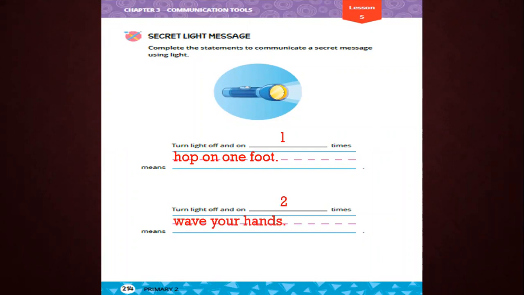And if we turn the light off and on two times, this may mean wave your hands. Of course, you can change the number of times of turning the light off and on. You can change it.